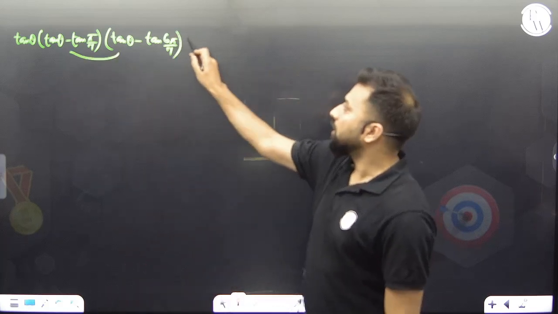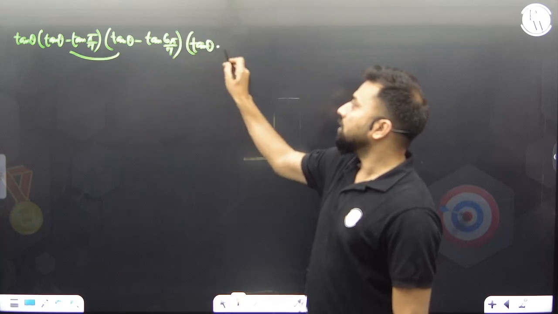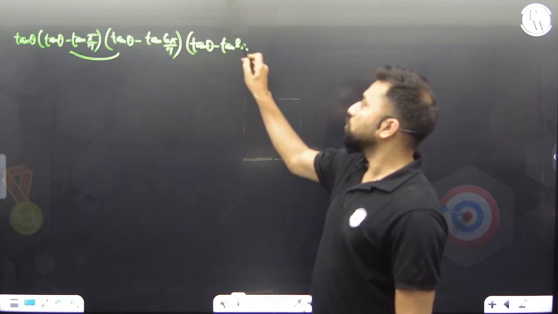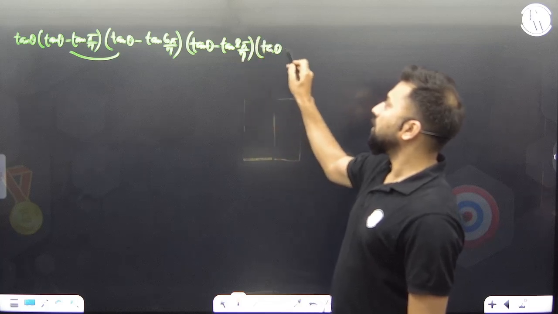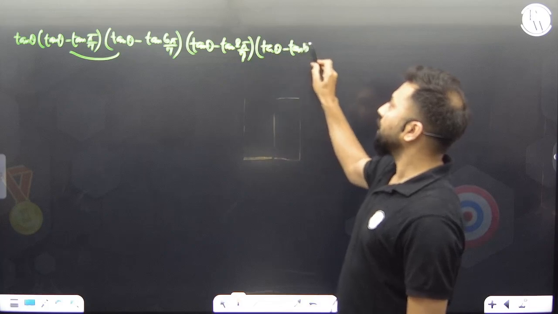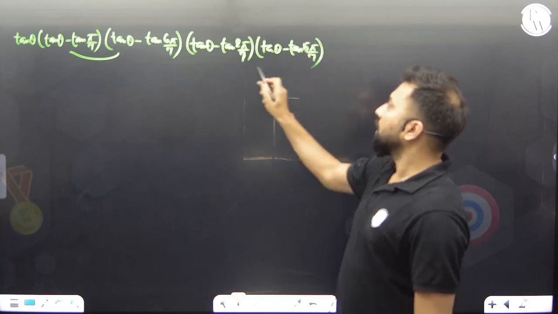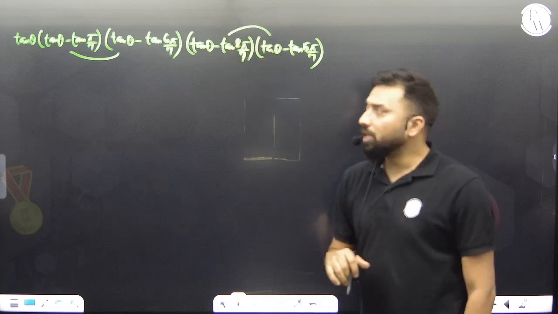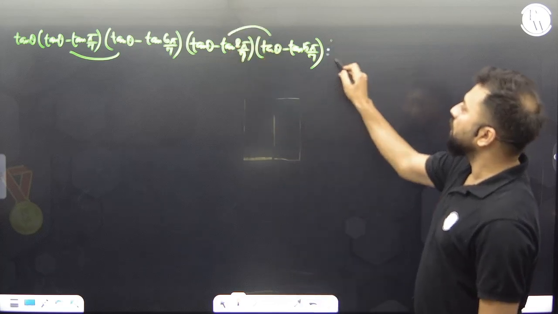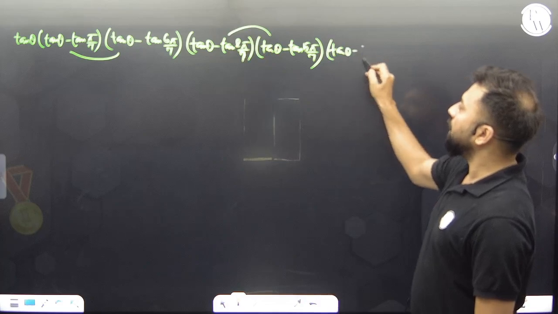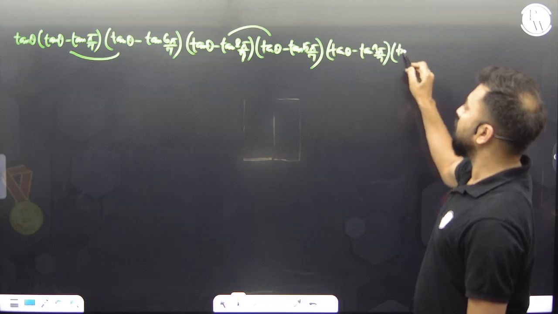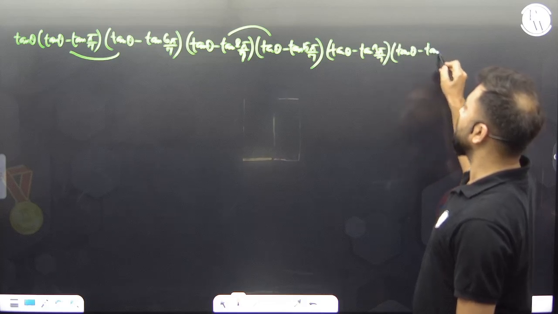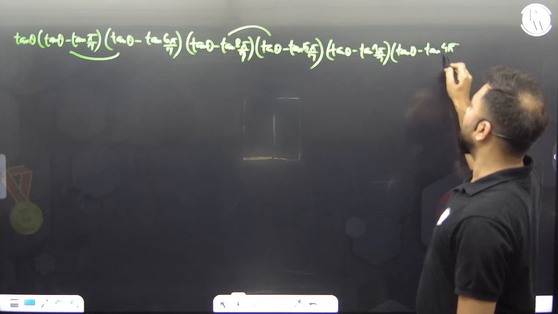Now similarly, I can write tan theta minus tan 2 pi by 7 into tan theta minus tan 5 pi by 7. I have clubbed these two terms as well. Similarly, the third pair would be tan theta minus tan 3 pi by 7 and tan theta minus tan 4 pi by 7.